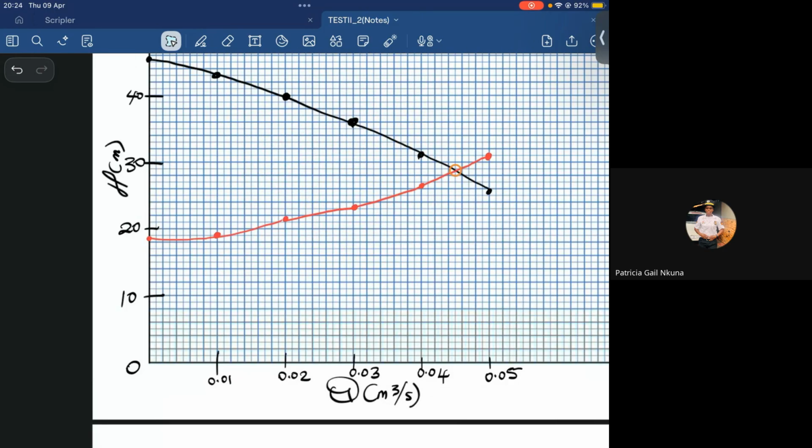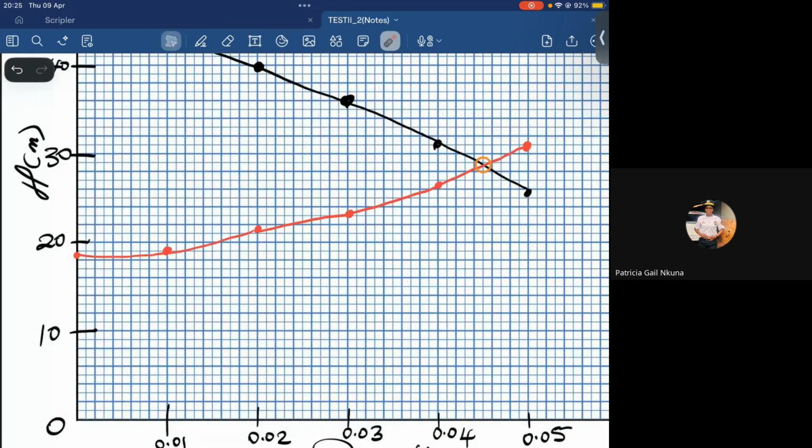Then let's determine the head. So the head, since this is 28 and this is 29, yeah, 28 and then 29, then 30, meaning that our head here, since it's in between 29 and 28, is equal to 28.5.